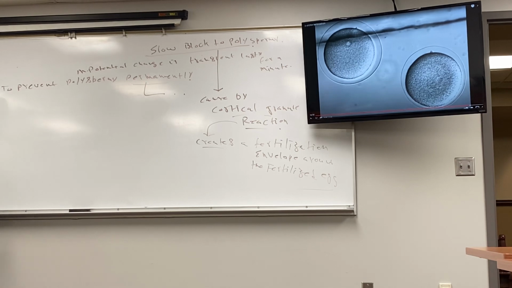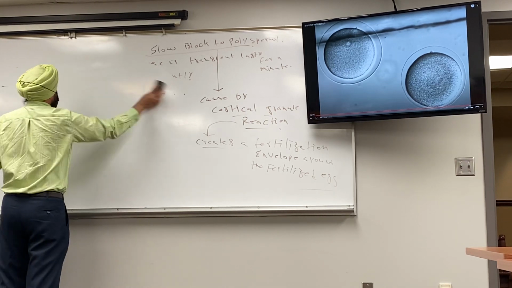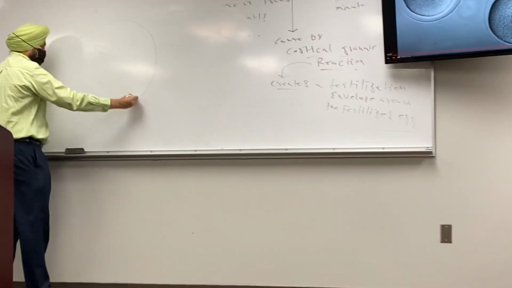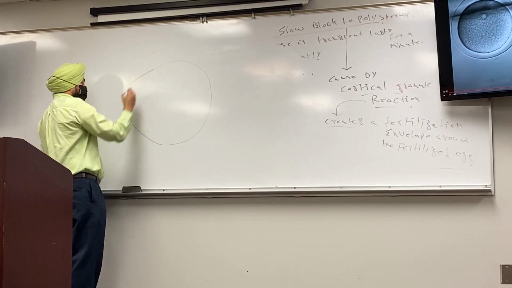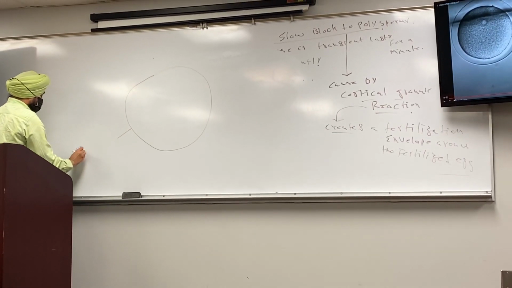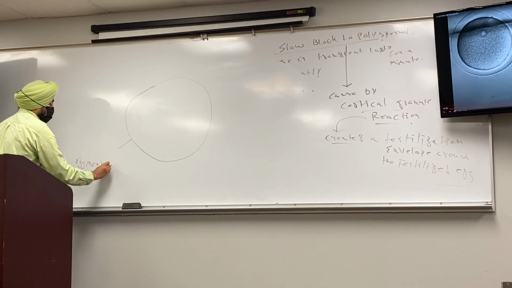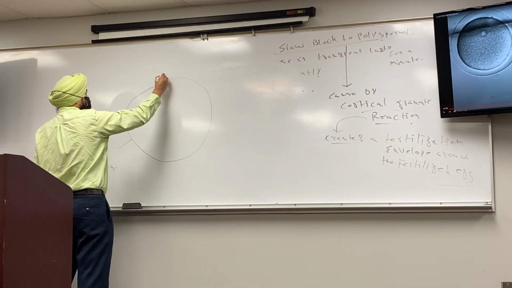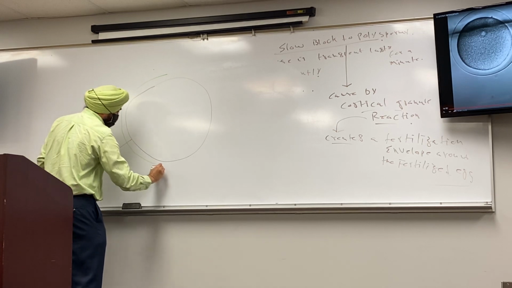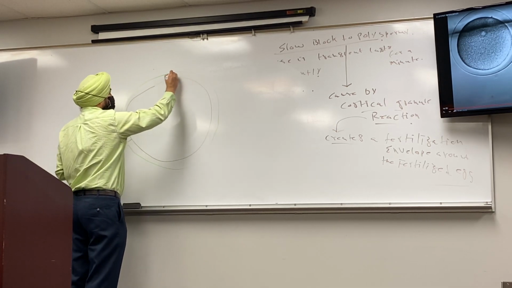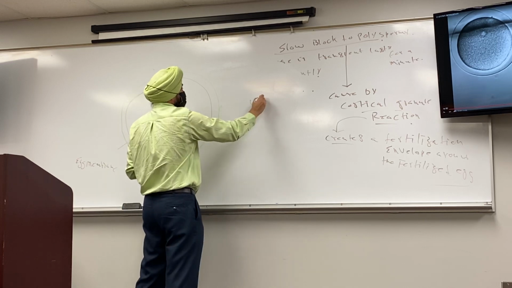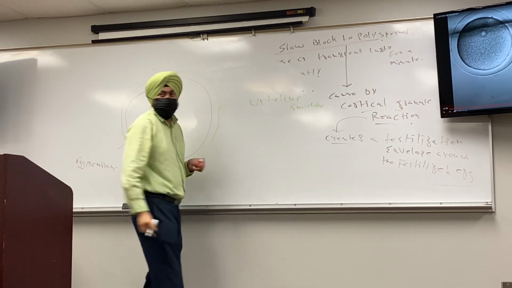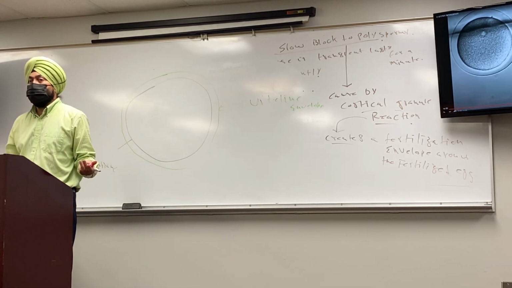So right here is the egg. This is the egg membrane. And outside the egg membrane, you remember, this is the vitelline envelope, or in the case of mammals, you call it the zona pellucida.